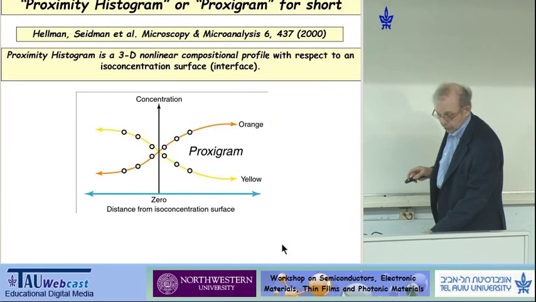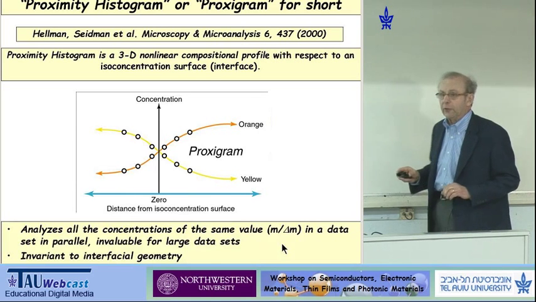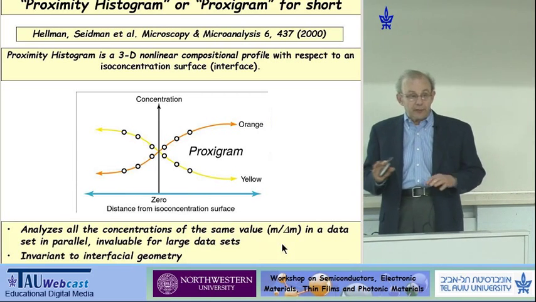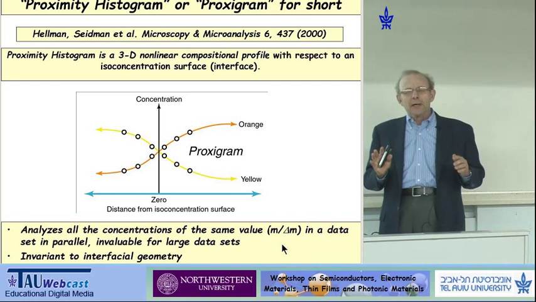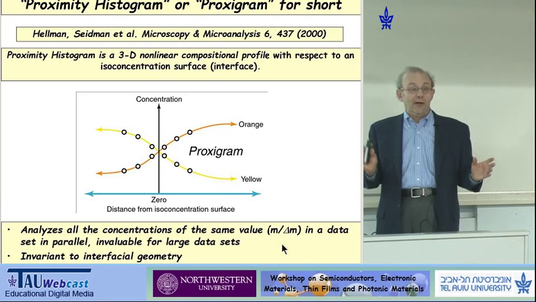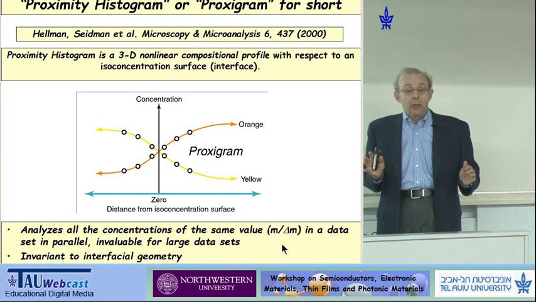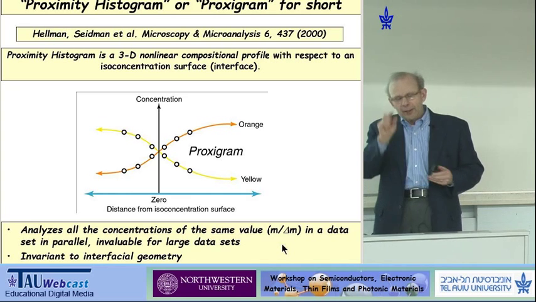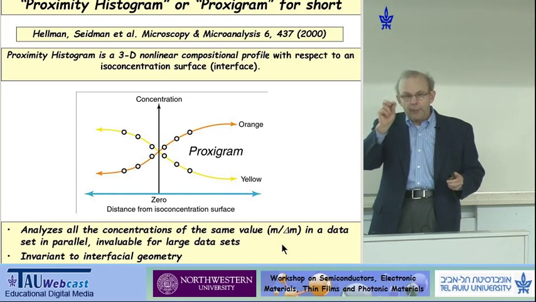The other thing which is quite important is very often you're dealing with a system, say precipitates, a second phase, where you have a lot of them, many of them. And you don't want to have to go and analyze them one by hand.